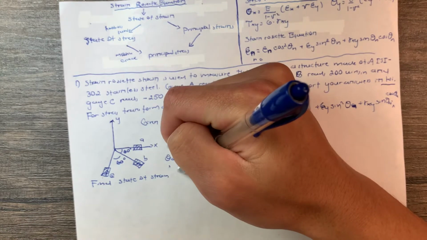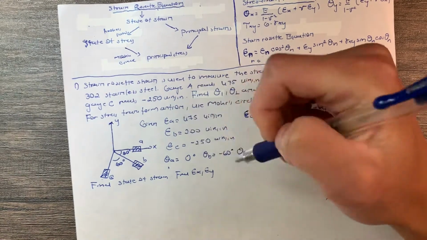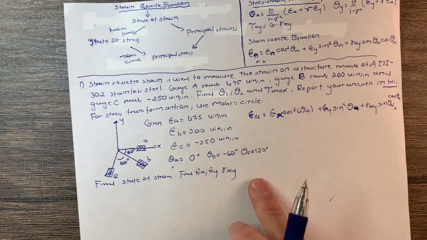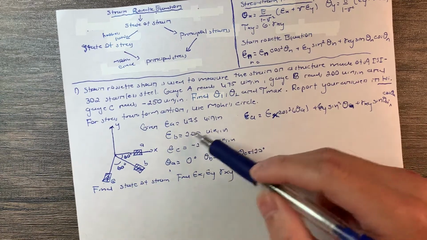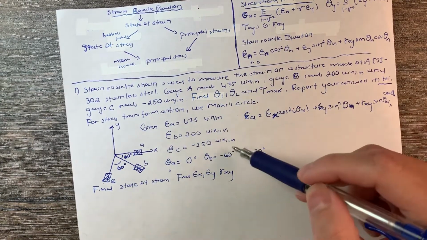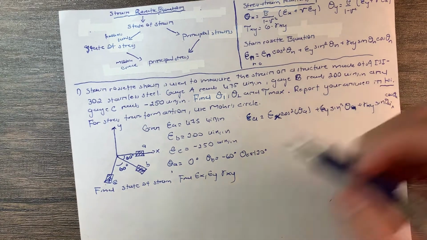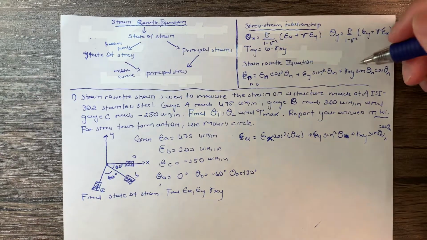That basically means finding epsilon x, epsilon y, and gamma xy. That's essentially what we're trying to find. So we have three equations if we plug all this in, and we have three unknowns. So it's a doable problem, just to check that it's solvable.